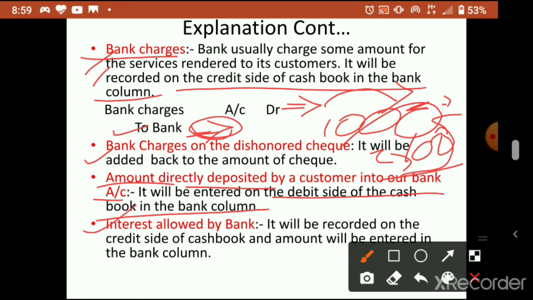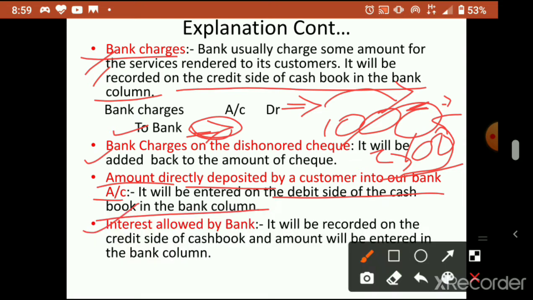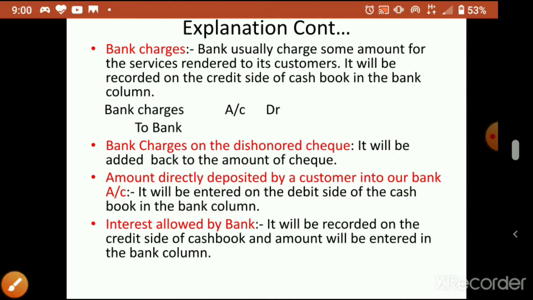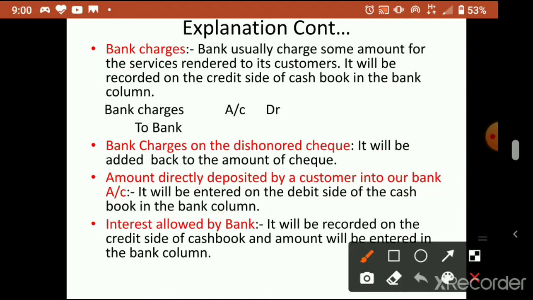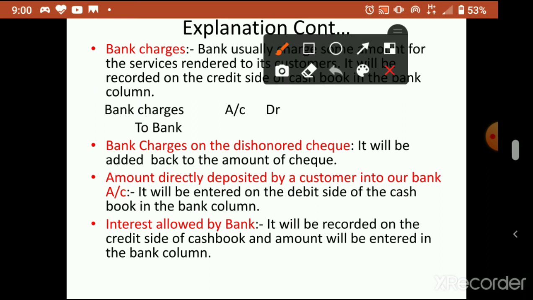Now, interest allowed by bank. Sometimes a bank allows interest to us. We have some amount in the bank, so for that the bank will give us interest. Interest given by the bank means our account balance will increase, so where will it come? Debit.